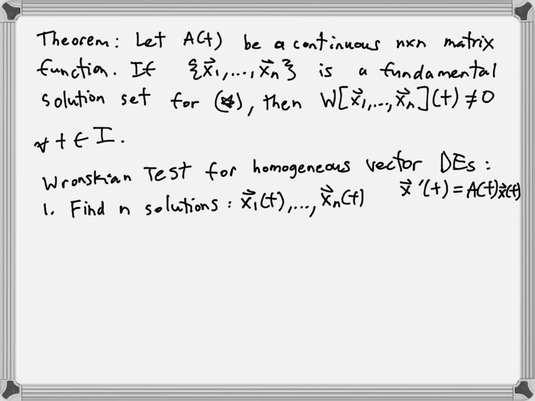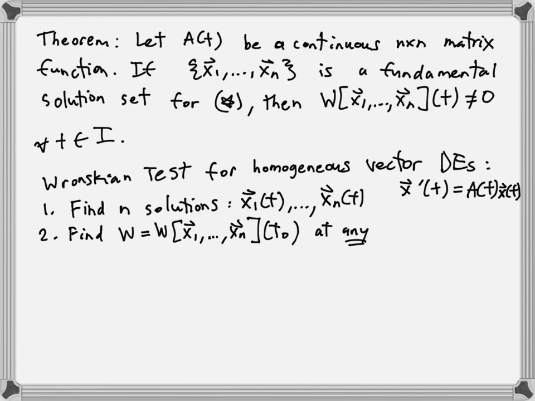Step 2, you're going to find the Wronskian of those guys. And you can plug in any point that you want, so let me just say at any convenient t naught.